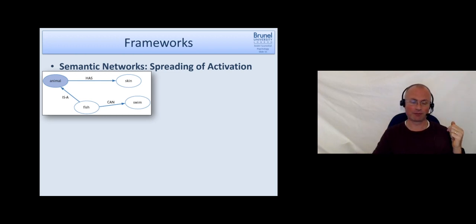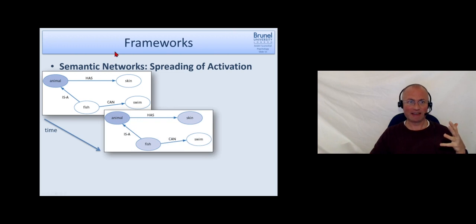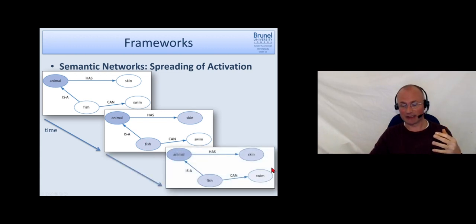Now if one node is activated, its activity spreads across its links. So animal has a strong activation, and then somewhat weaker, because it fades away the further you go, you also activate skin and fish. And a little bit later in time, I don't know whether you can see that on your screen, swim will also have some activation. It's shaded in a very light blue, but this will be lower than fish because it's further away from animal.